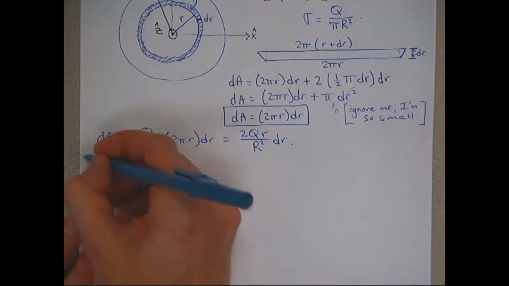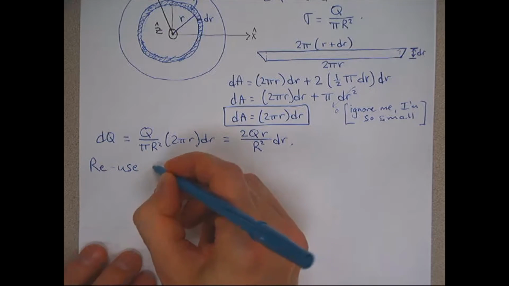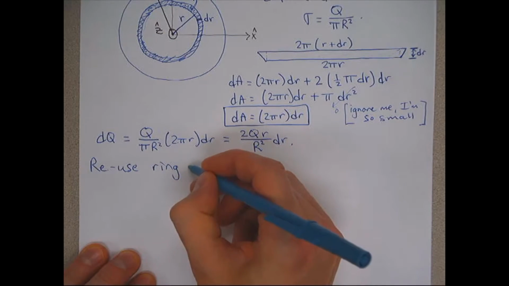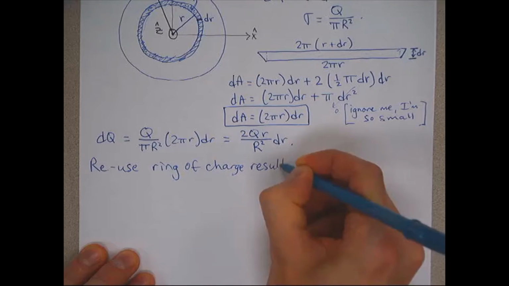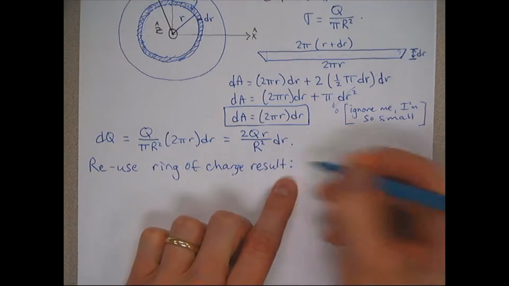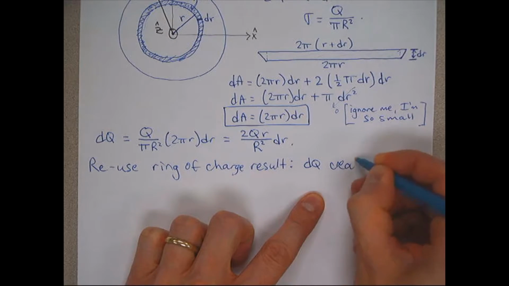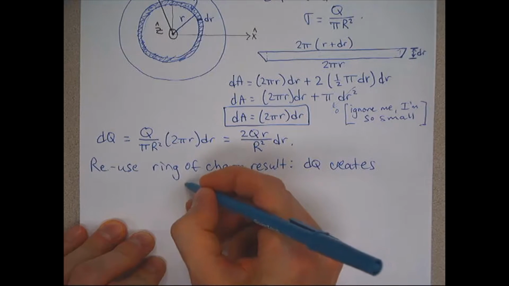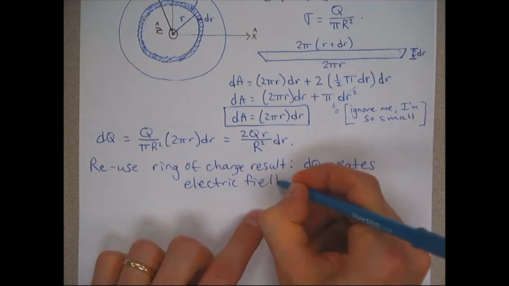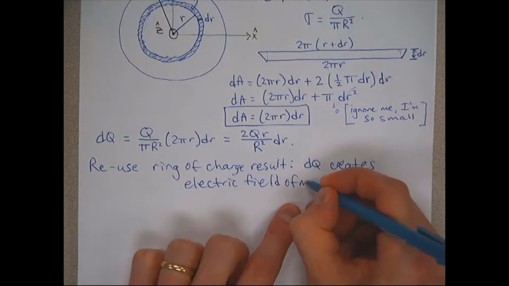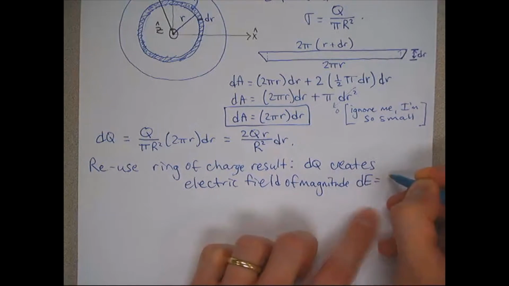Now, here is the key. We're going to reduce, reuse, recycle the ring of charge result, the one ring of charge. Each of these dq rings will create electric field of magnitude dE, right?